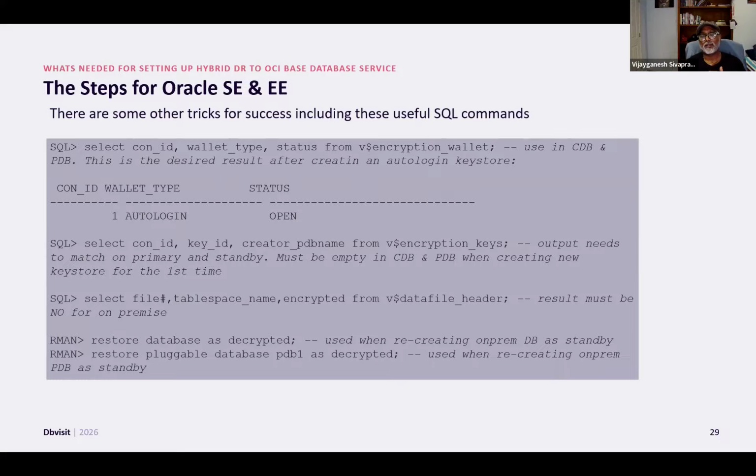Why? Because it has a wallet key, because you've already configured TDE in it. This was one of the bugs initially found in version 19.16 onwards, and there was no patch available for it until 19.17 or 18, when a one-off patch was done, and this one-off patch was included with the release only from 19.27 onwards.